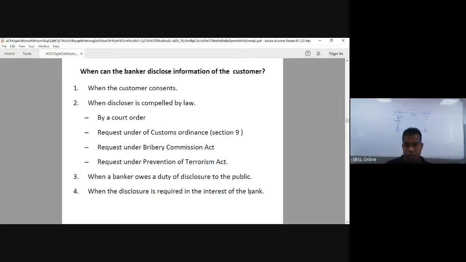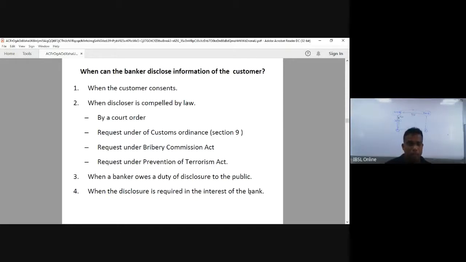So therefore, providing information to the law enforcement authority as per the order is not a breach of duty of secrecy. Number three, when the banker owes a duty to disclose to the public. This is very interesting. So the bank has no consent from the customer, and there's no court order or any order from the law enforcement authority.